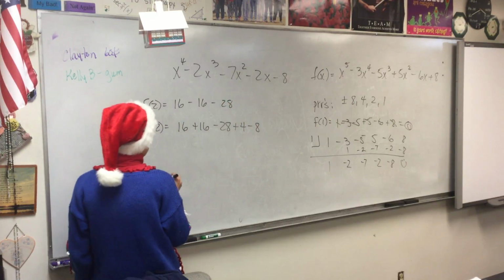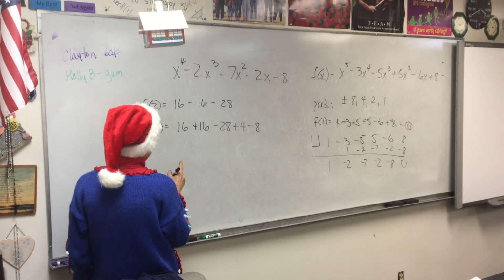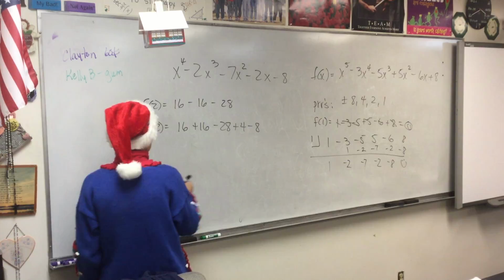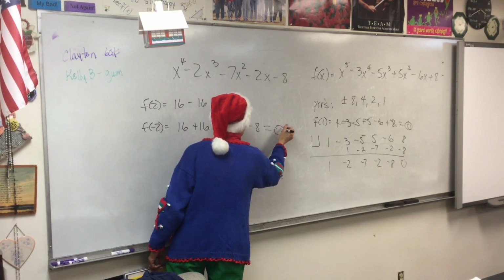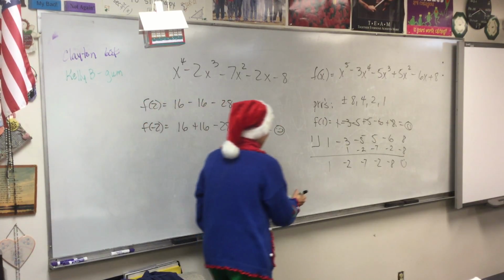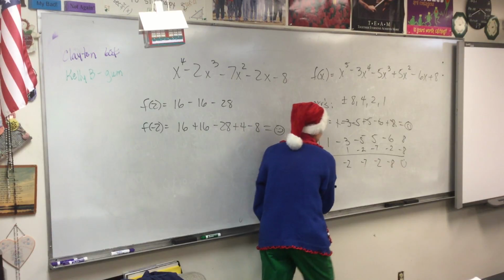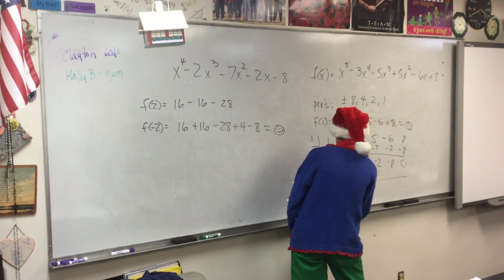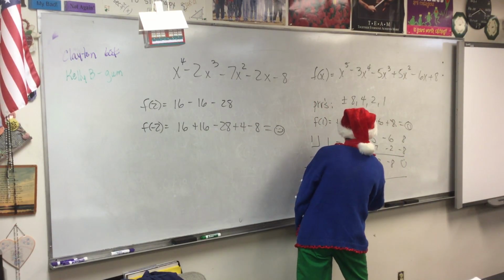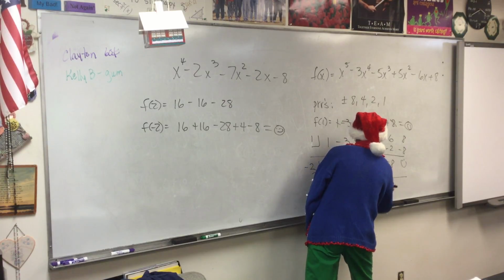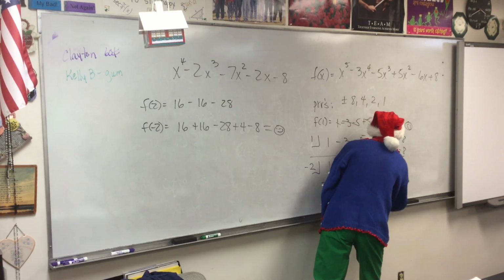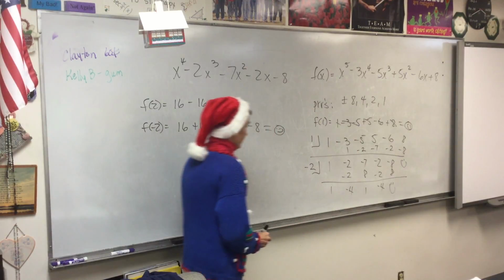That looks promising. 32, 4. Yep, there it is. There's another 0. Okay, good. So now I'm going to divide out a -2. Okay.